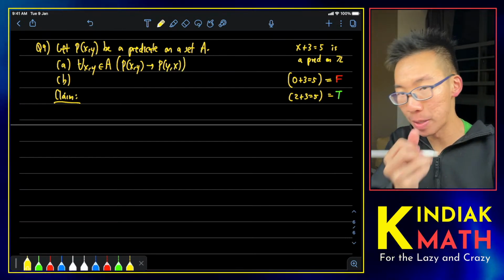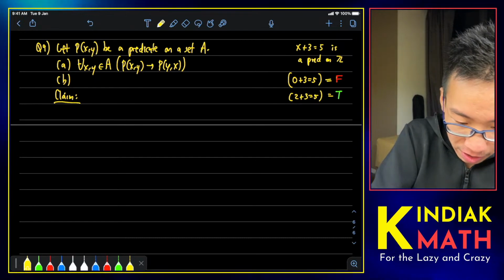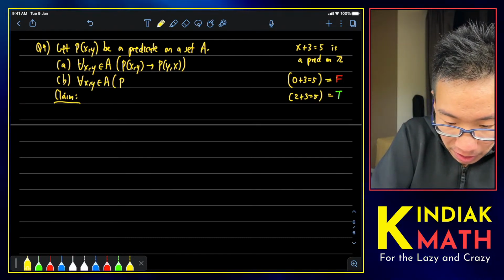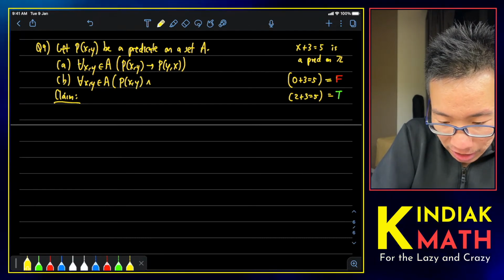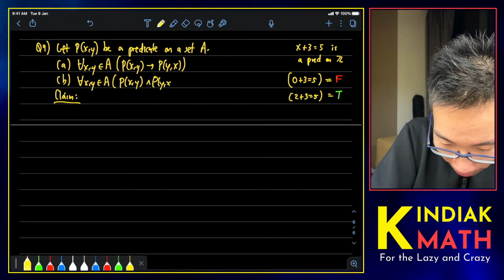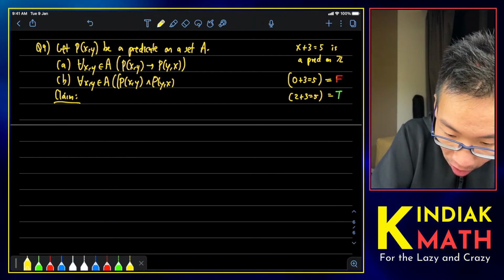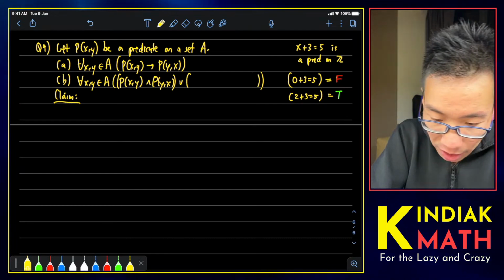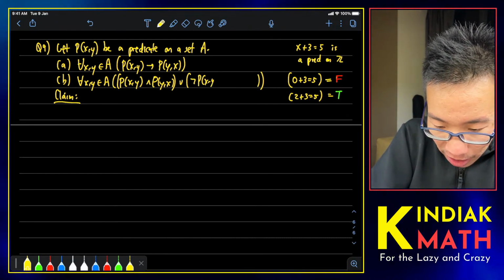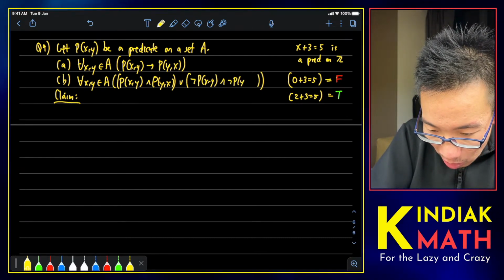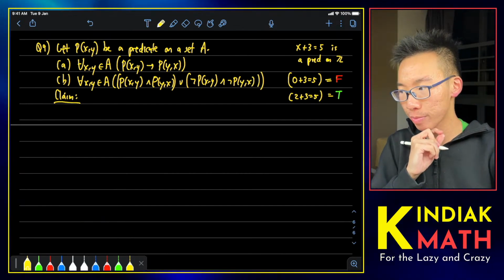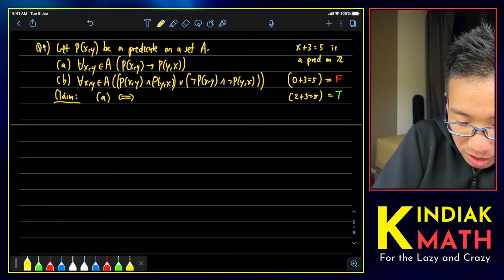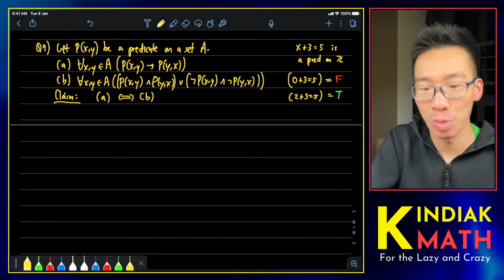And for B, the claim is that for any x, y in A, P(x, y) and P(y, x), or not P(x, y) and not P(y, x). So our claim is that A and B are equivalent to one another.